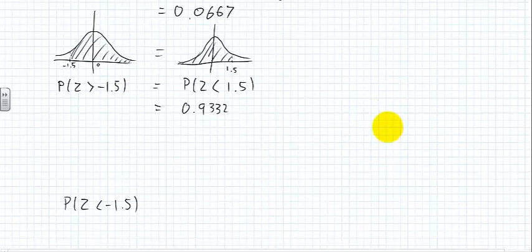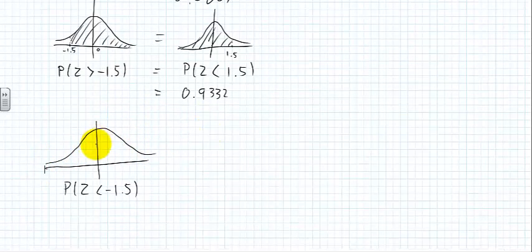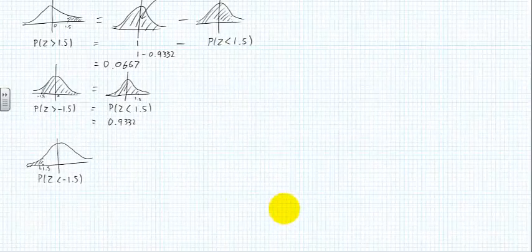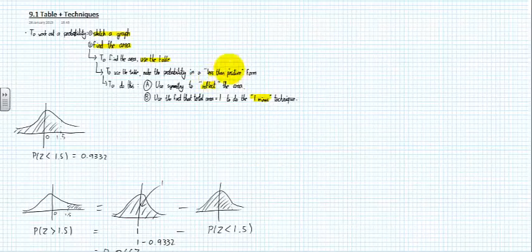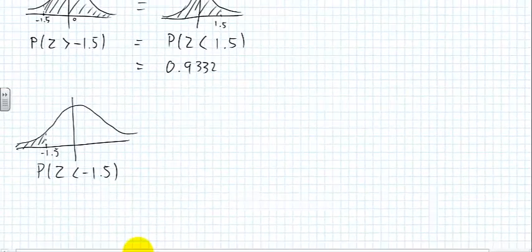Finally, this is the annoying one, because you have to use two techniques, but it's still doable. First, we need to sketch the graph, and they want the area less than 1.5, so they want this. Again, we can't use the table right away because it's not in a less than positive form. So we need to make it into a less than positive form.